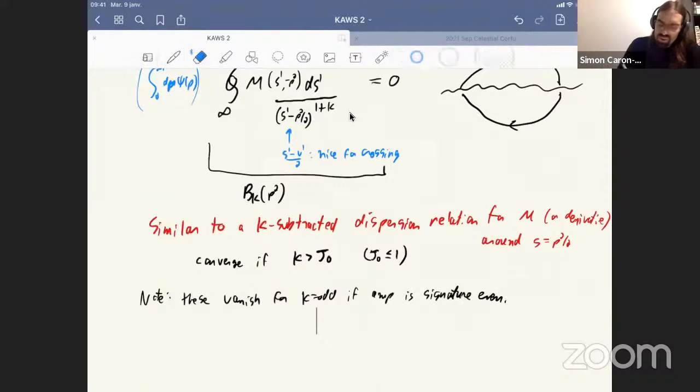Signature, I'm introducing this word here. I'm not going to use it in this lecture, but so everyone has heard it, at least in their life. It's an old word from Regge theory, which just tells you which sign the amplitude changes when you do crossing symmetry. So crossing symmetric amplitude is signature even. That's just what it means.